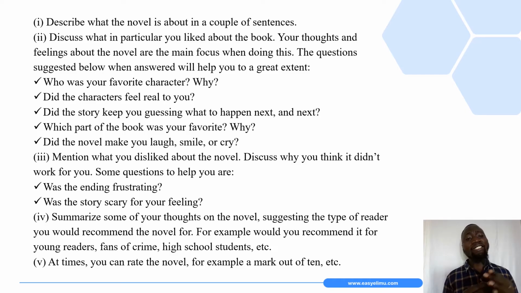Then the next step, discuss what in particular you liked about the book that you are reviewing. So your thoughts and feelings about the novel are the main focus when doing this. Then some of the questions that will help you to a great extent when discussing what in particular you liked about the book are the following.